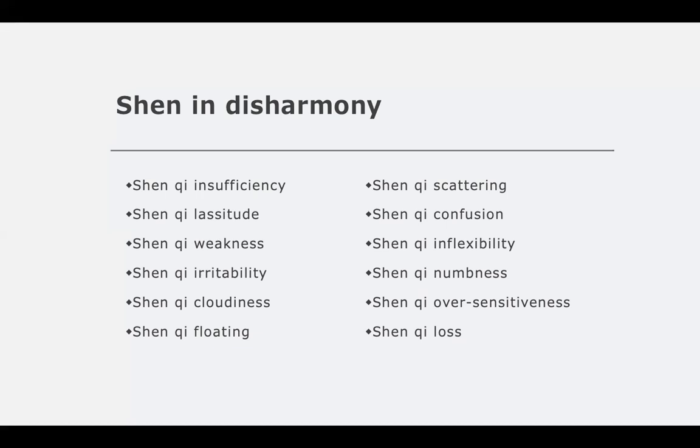The second one we call the shenqi lassitude. Shenqi lassitude refers to mental energy that is so sluggish. In general, the people show no desire, no motivation. In the clinic, these people are very hesitant about everything and feel no motivation, no desire, nothing interesting.